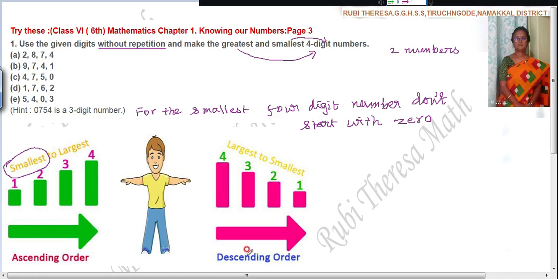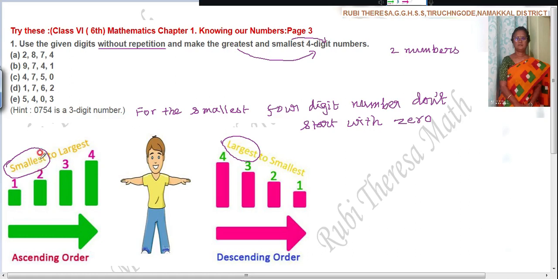When you are writing in descending order, you will be able to form the largest number. So, when you want to write the largest number, you have to start with the largest and end with the smallest.